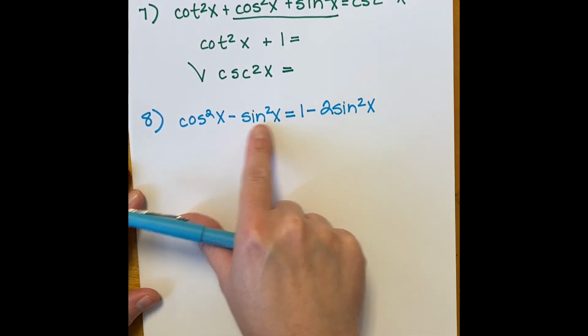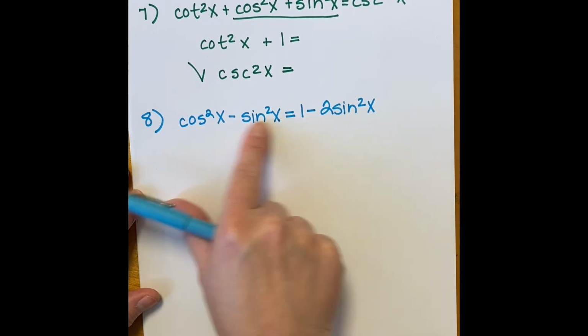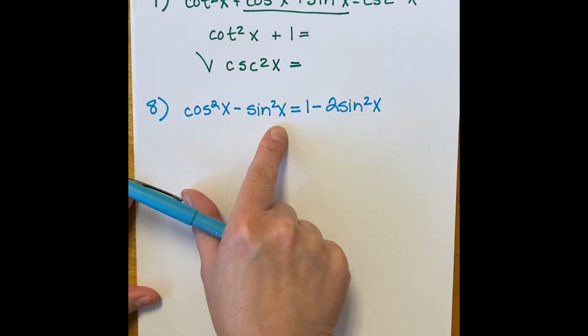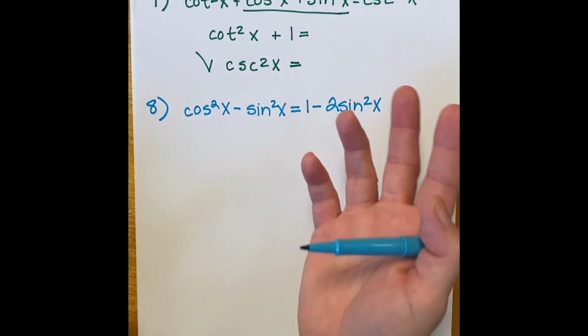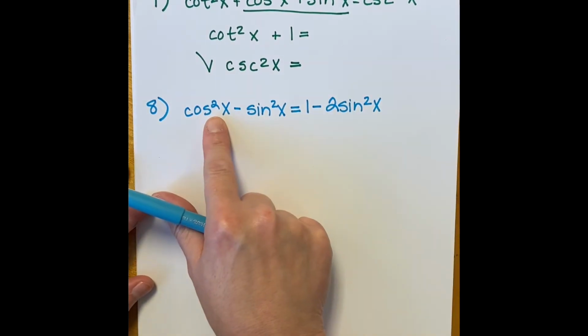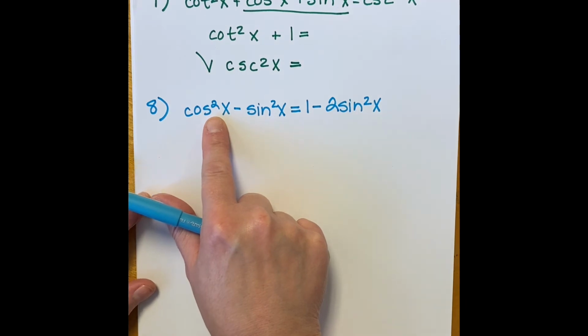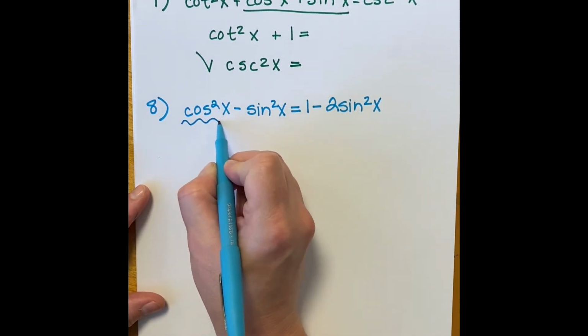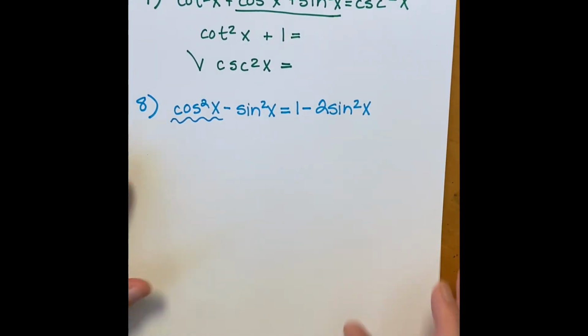And I've got that 1. So what needs to change over here? What do I need to leave alone, and what's got to go? I need this cosine squared to go away somewhere. It's not what I need. So let's think of a way we can replace cosine squared. And y'all, it's just back to those Pythagorean identities.